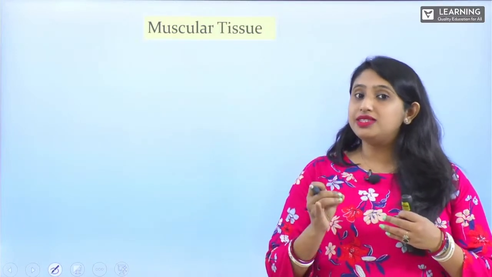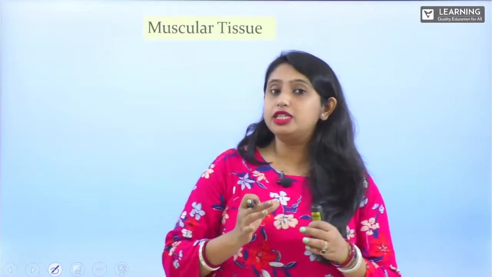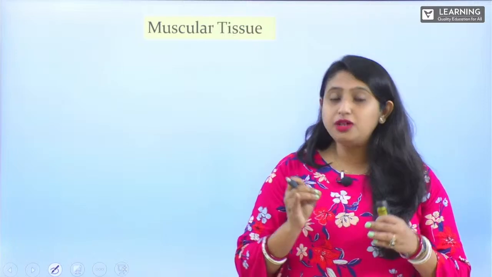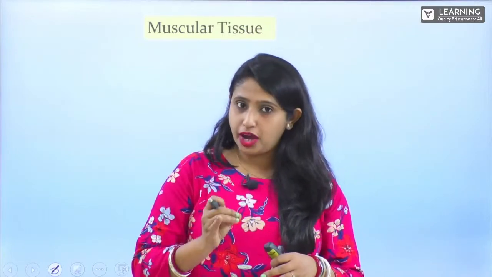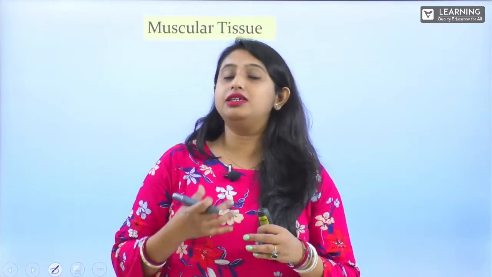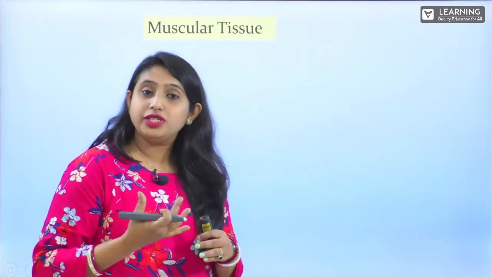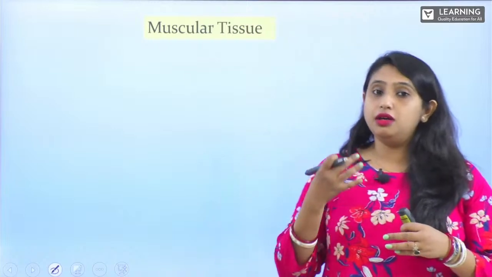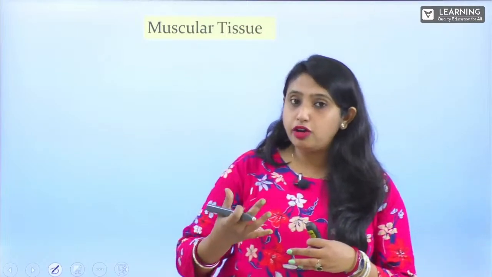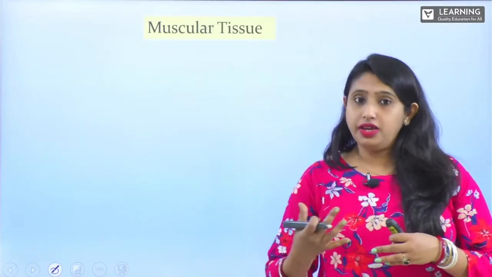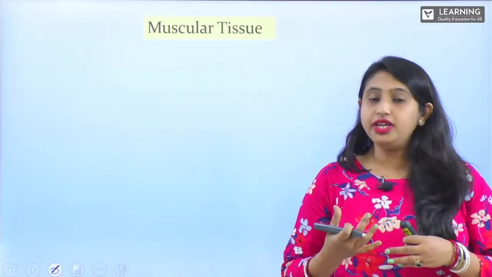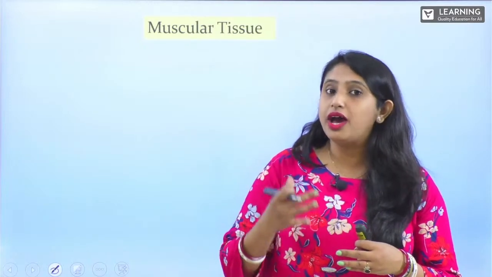From where has this muscle tissue been derived? This muscle tissue is derived from the mesoderm of the embryo. You remember in our previous chapters we learned that when the embryo forms, during the gestation period, there are 3 layers: the ectoderm, mesoderm, and the endoderm.